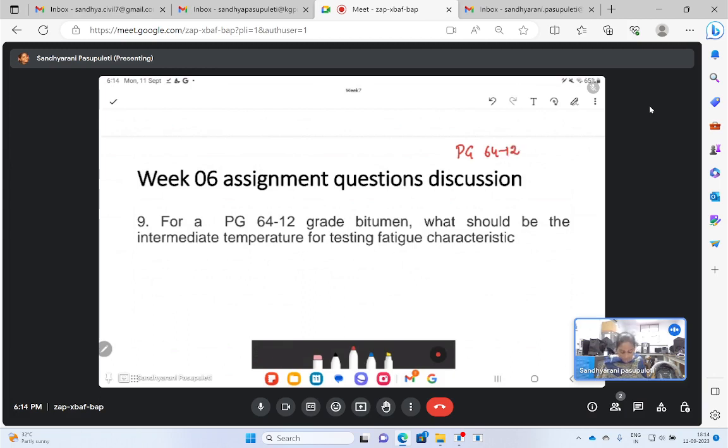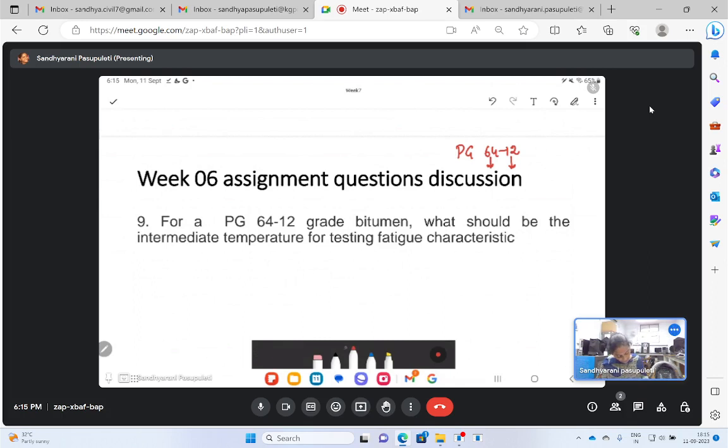The performance graded system recommends that we take the maximum temperature, 64 degrees, and the minimum temperature, minus 12 degrees, and take the average of these two temperatures. To that average, 4 degrees extra is added, which gives the intermediate or fatigue characterization temperature.